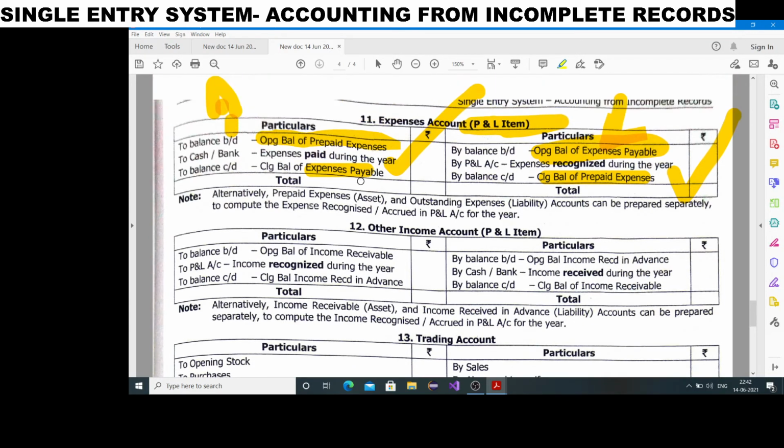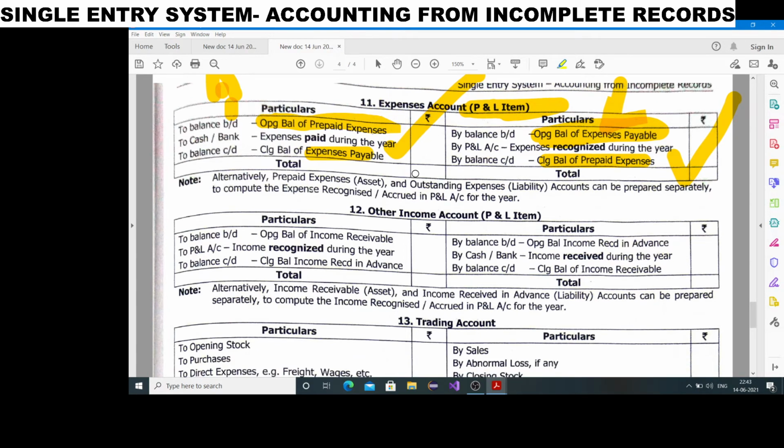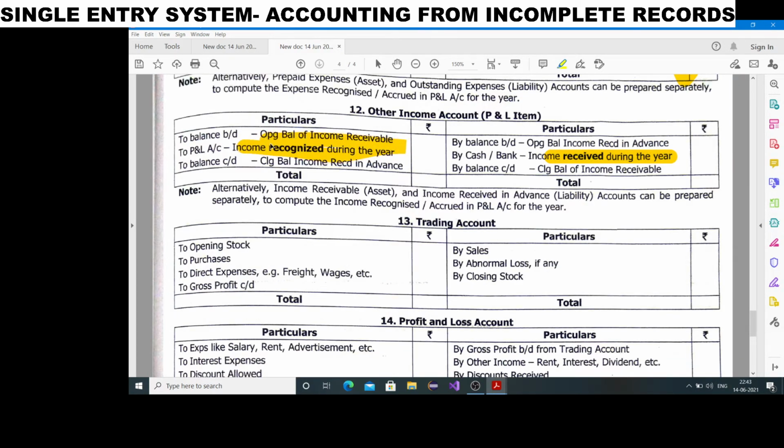And if you find this difficult, you can alternatively prepare the prepaid expense account and the outstanding expense account, which is a liability account, separately. Recognized during the year in P&L, we recognize in P&L, right?